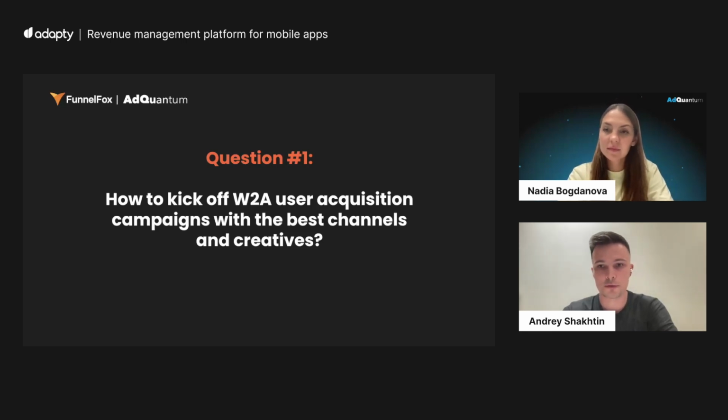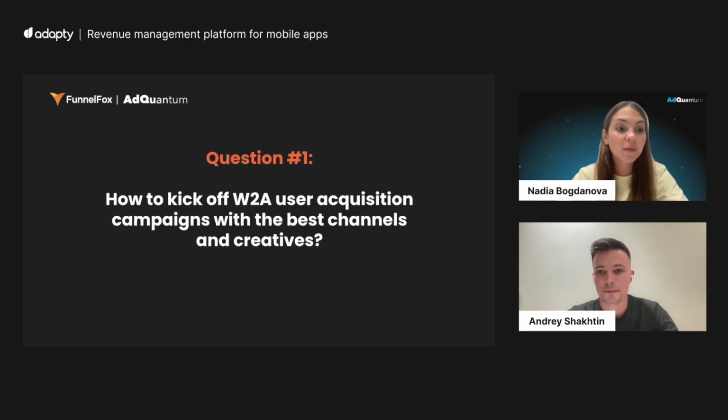So you run the traffic on the web pages, web onboarding, and sell subscription on web. And after purchasing the subscription, the user can download the app and redeem the access to the subscription. Yeah, so the main difference is where the payment takes part. So in Web2app, we mean that payment is going on the web itself.